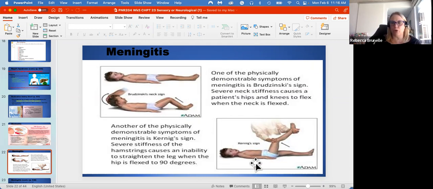And for Kernig, you have them lying flat and you put their leg up to 90 degrees and they can't straighten it. These are both ways that, if you see somebody in an outpatient clinic or in the emergency room and you're worried they might have meningitis before you do your full workup, you can do both of these. If either one of these is positive, this is a sign of meningitis.